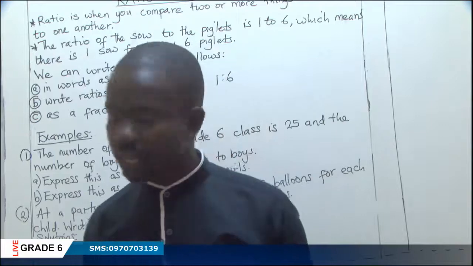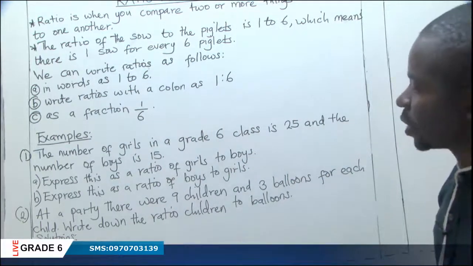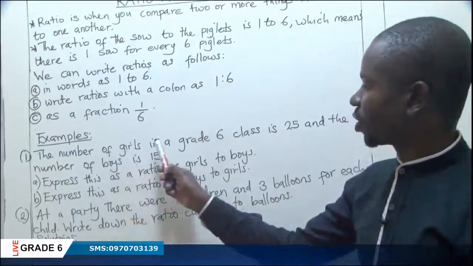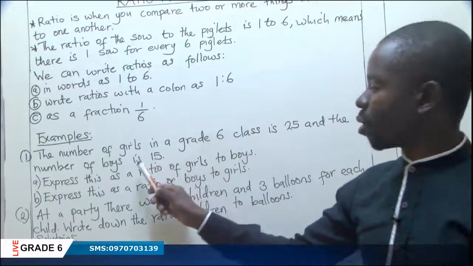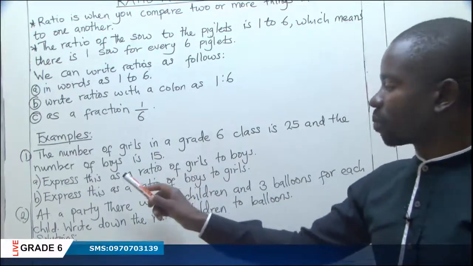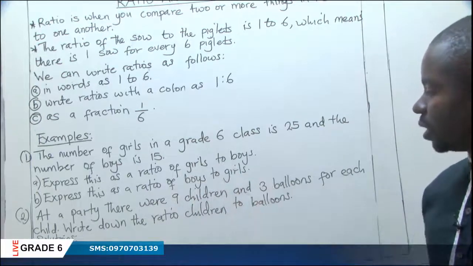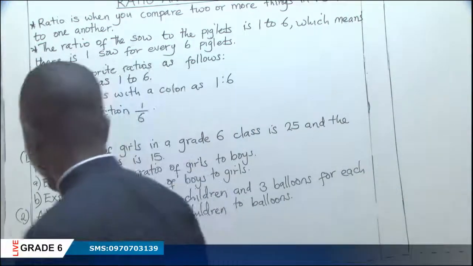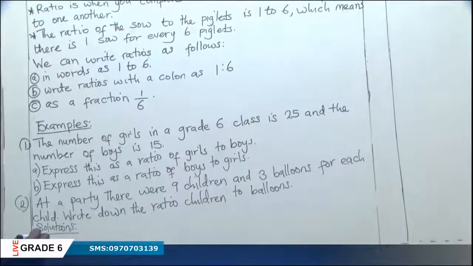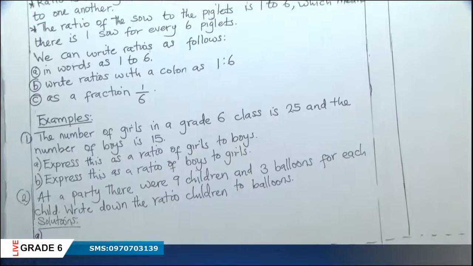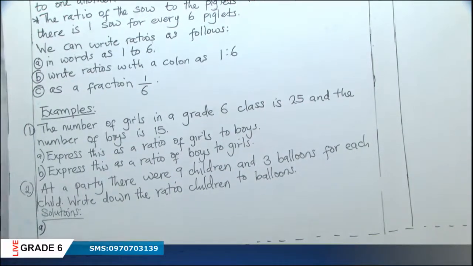All right, boys and girls, let's get back to our examples. The number of girls in a grade 6 class is 25 and the number of boys is 15. Express this as a ratio of girls to boys. So number 1A, let's express that as a ratio of girls to boys.